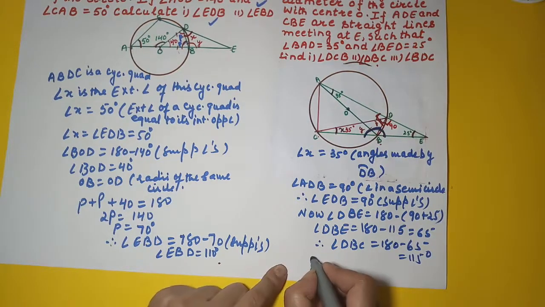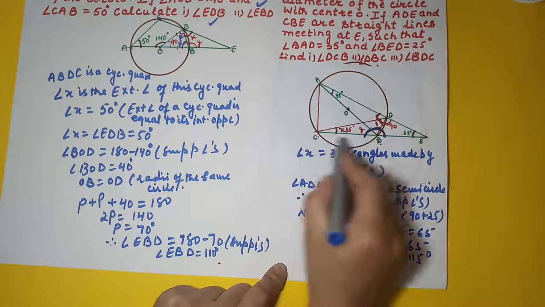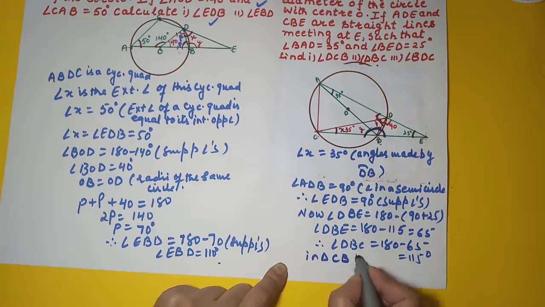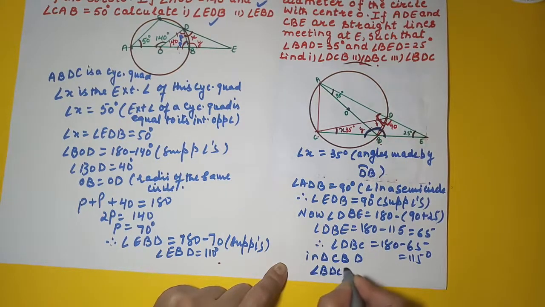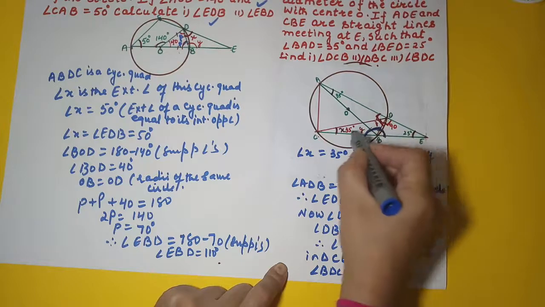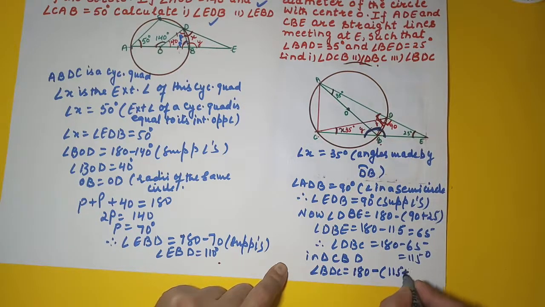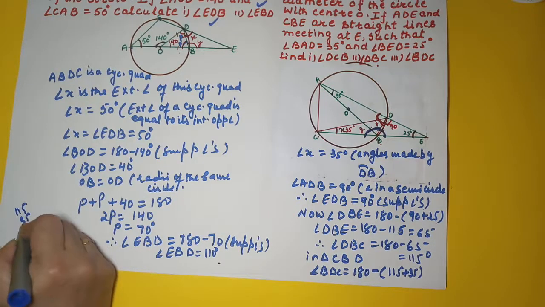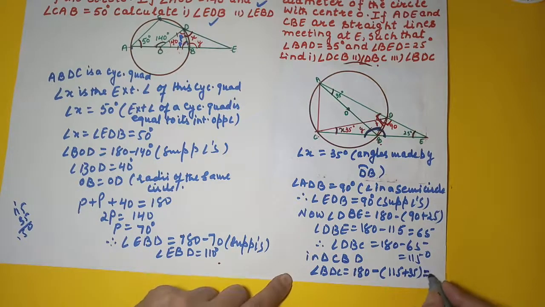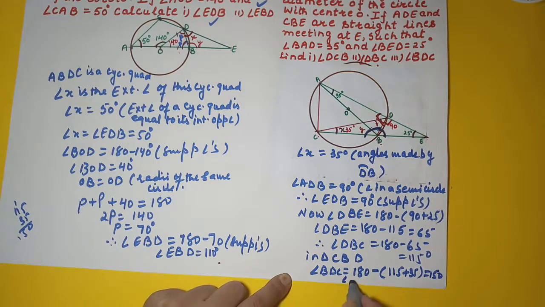Now, in triangle CBD, angle BDC will be equal to 180 minus, this is 115 and this is 35. 115 plus 35, right? How much is 115 plus 35? 150. So angle BDC is equal to 30 degrees.